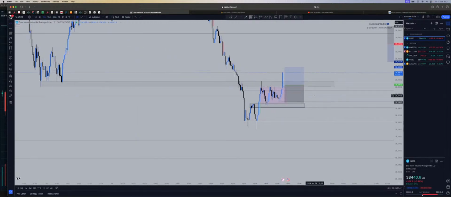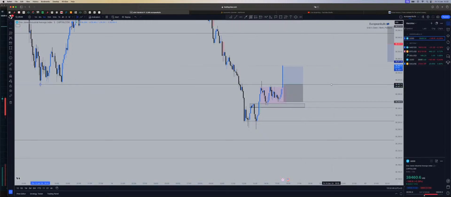Looks like a buy to me now. So we'll still wait for the candle to close above this area, and we can place our entries around this 409 or 4010.